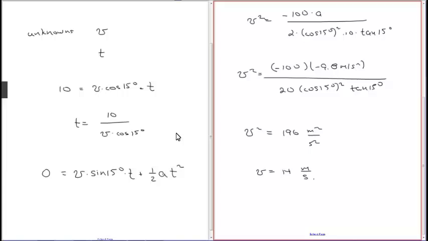So 14 times 2.237 is 31 miles an hour. So it's not a real big jump. So that's equal to 31.3 miles per hour. So it's not like an Evel Knievel jump where he's trying to jump across the Grand Canyon.